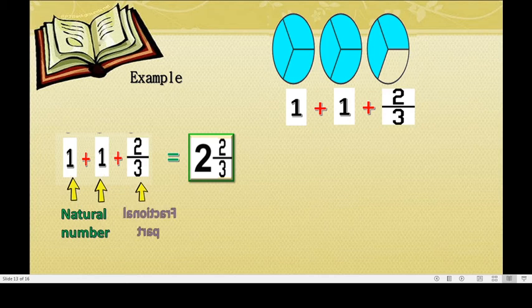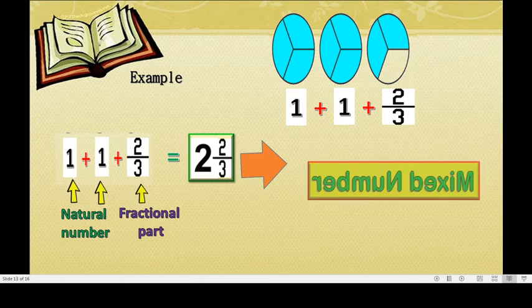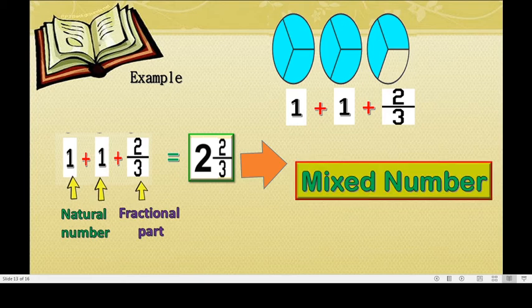Specifically, it is an example of a proper fraction. Again, 2 and 2/3 is an example of a mixed number or mixed fraction. Remember, a mixed number is a combination of a natural number and a fractional part.